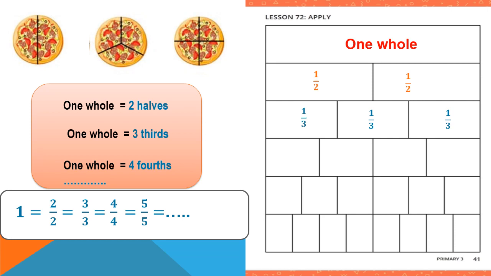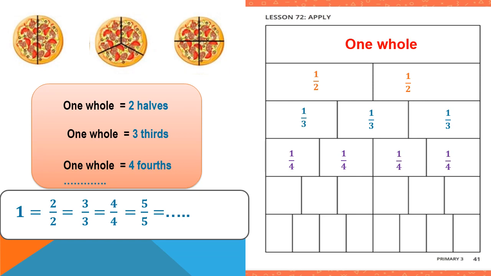Now, this bar is divided into four equal parts. 1, 2, 3, 4. So the one whole equals 4/4. Fourth, fourth, fourth, fourth. And the plural of them, fourths.